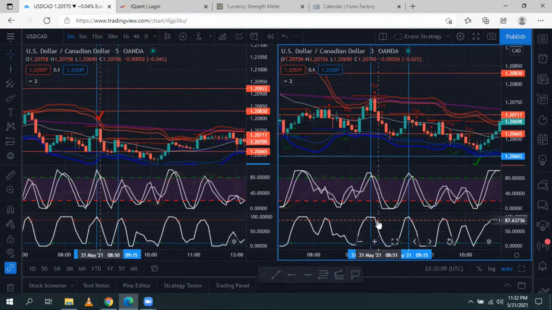Because if obviously you have your markup, you have your support and resistance, you don't really need the scaling in strategy. The scaling in strategy is just to help you get into the trade faster, which your markup will do for you anyway.